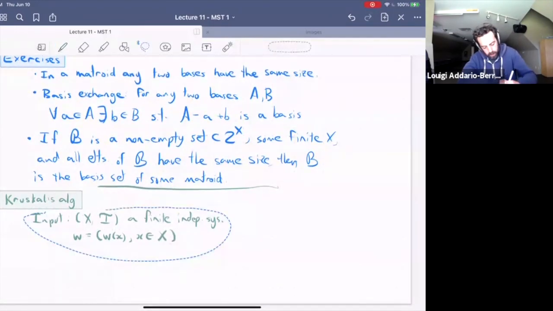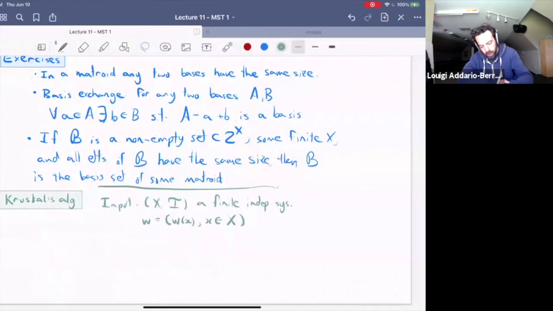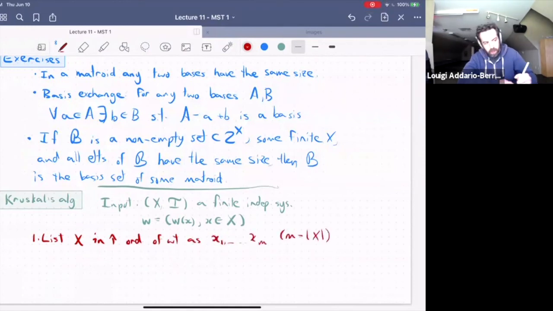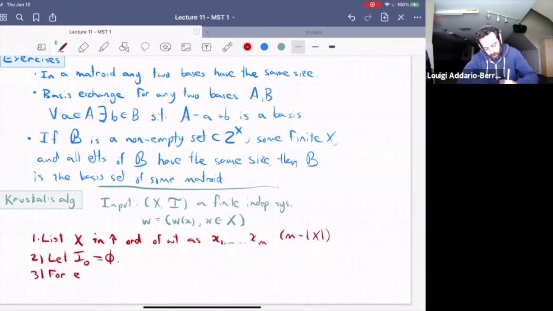And the procedure is exactly what you'd think, given that I'm calling it Kruskal's algorithm. We list the elements of X in increasing order of weight as x1 up to xm, using m for the size of the ground set, and I said it was finite. Then we start from an independent set with no elements, and consider the elements in increasing order of weight.